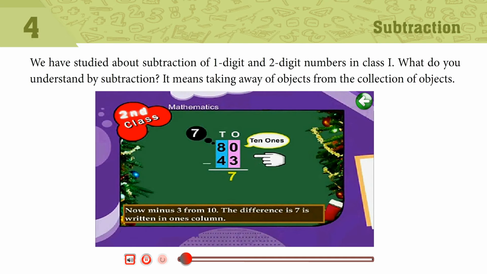The difference is 7, written in ones column. Now subtract 4 from 7 in tens place. Difference 3 is written under tens column. Now we can read it as 37. So 37 is the difference of 80 minus 43.